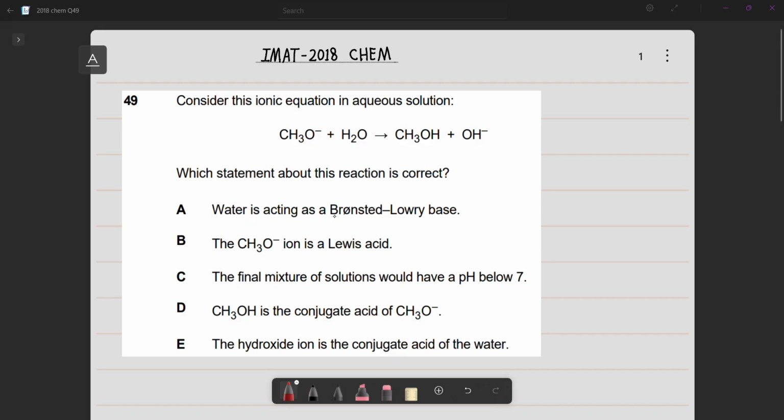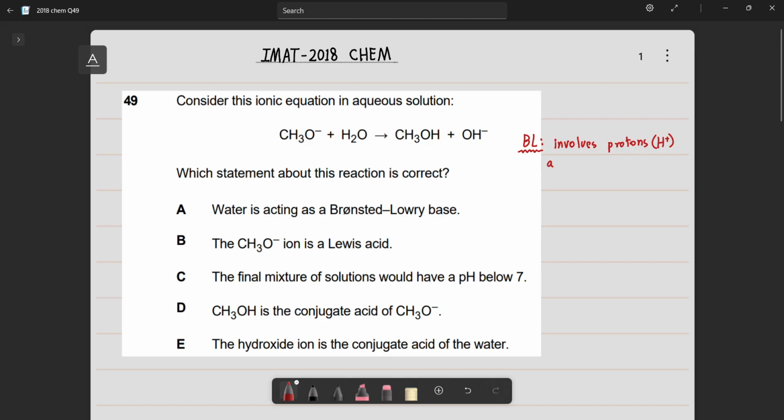In Brønsted-Lowry, it mainly involves the transfer of protons, which are the H⁺ hydrogen ions, between the species.